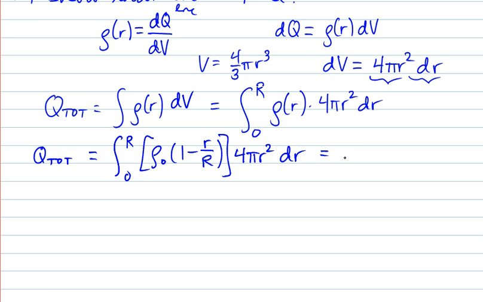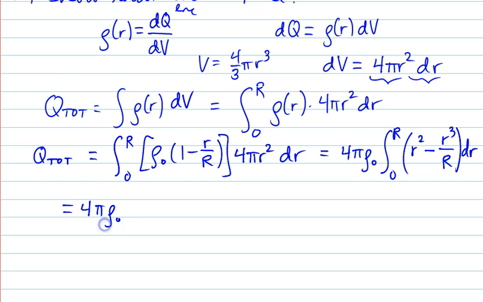This is going to be basically 4 pi rho naught integral from 0 to R of r squared minus r cubed over big R, dr. Alright, so that's going to be equal to 4 pi rho naught times r cubed over 3 minus r to the 4th over 4 big R, evaluated from 0 to big R.